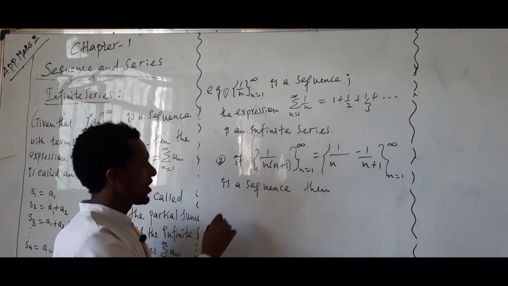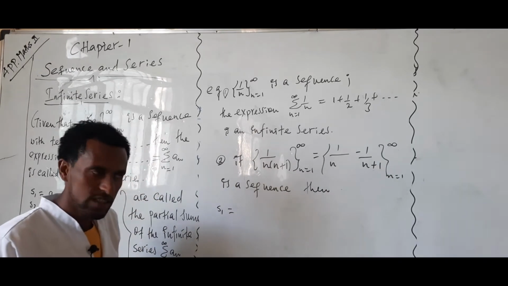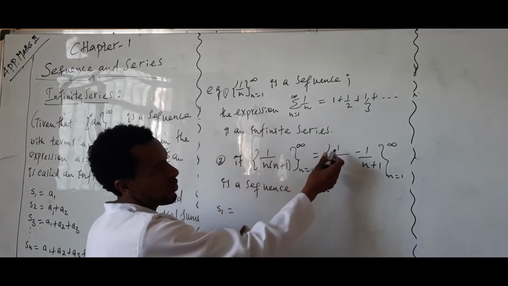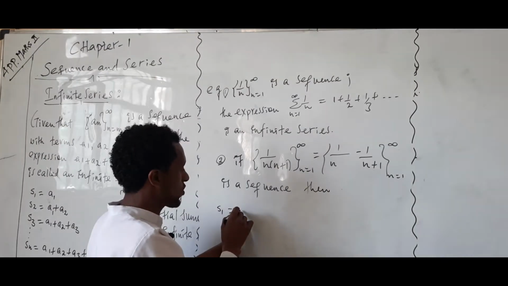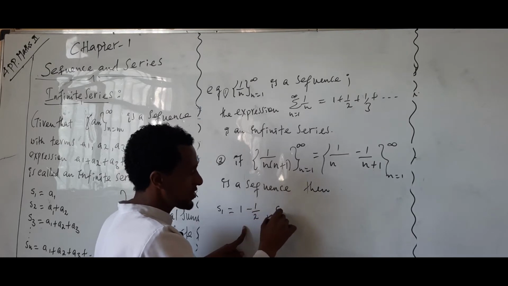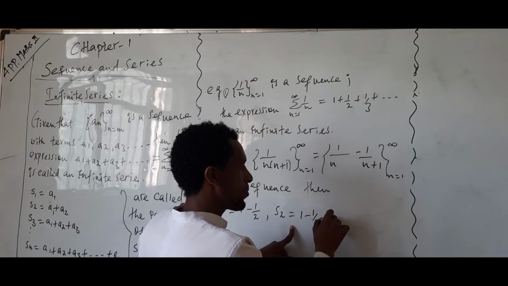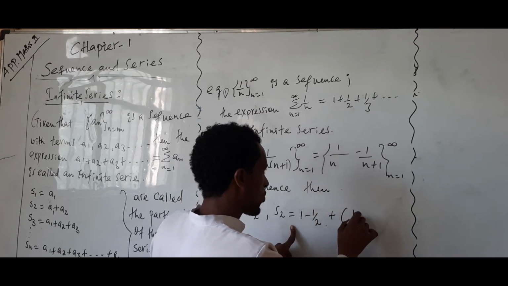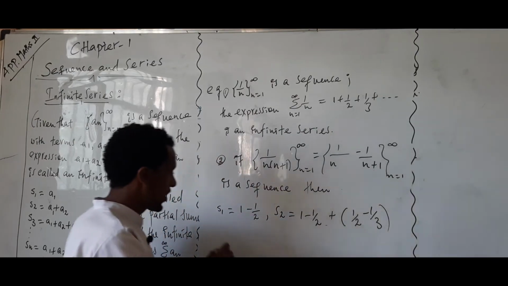Then S1, that is the first partial sum of the sequence, is equal to 1 over 1 minus 1 over 1 plus 1, which is 1 minus 1 over 2. S2 is 1 minus 1 over 2 plus 1 over 2 minus 1 over 3.